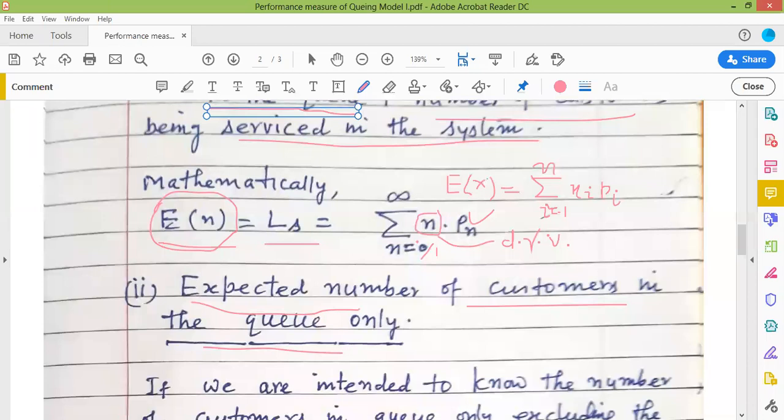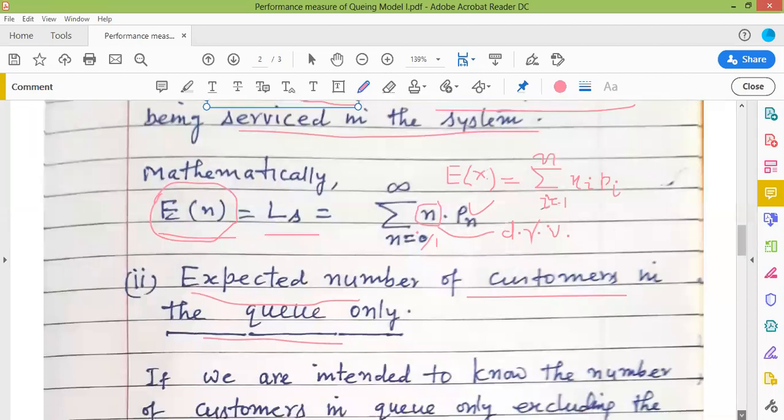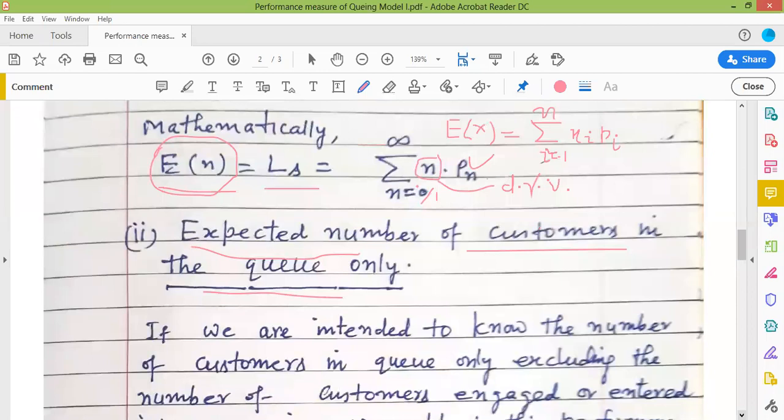Only queue. We are interested in only the queue because the customers who have entered into service are to a major extent satisfied, because they have entered already and their service is going on.